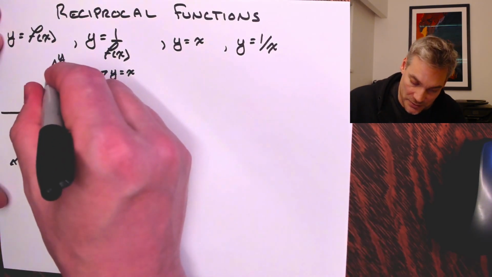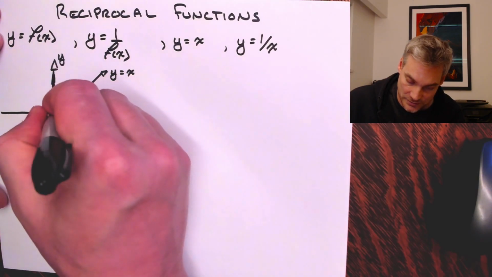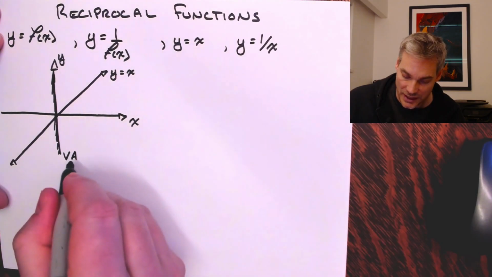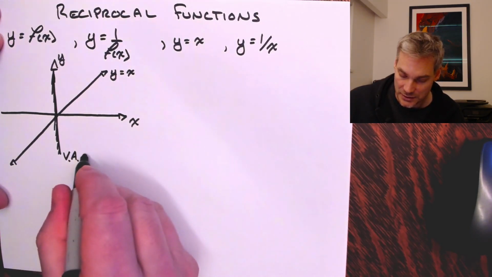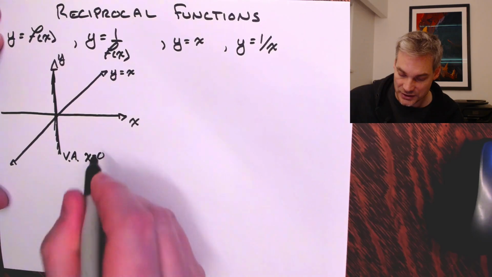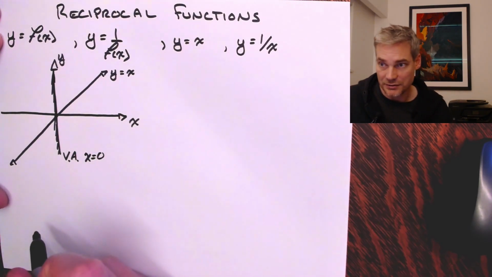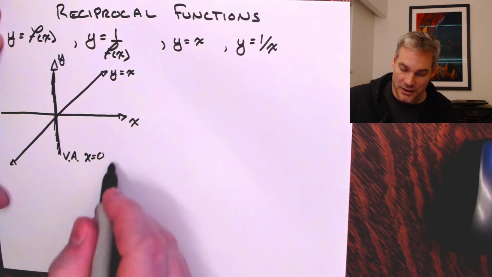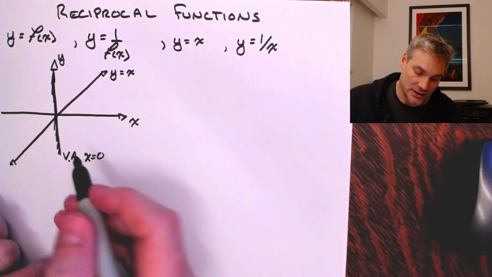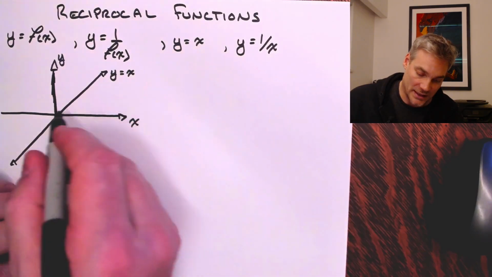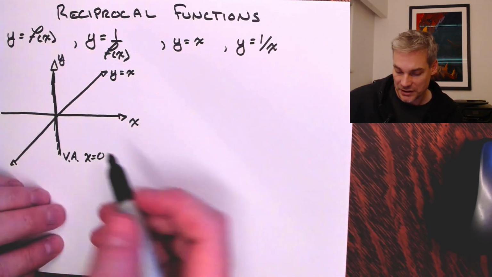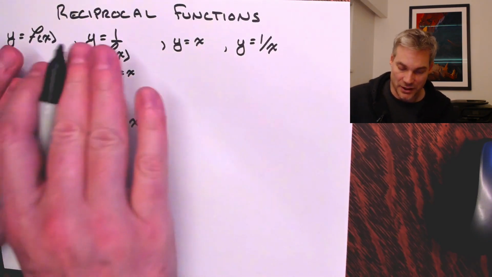So we actually get something on this, and it is our vertical asymptote, and that's going to be x equals 0. The vertical asymptote is a line right down the middle that the graph cannot touch.